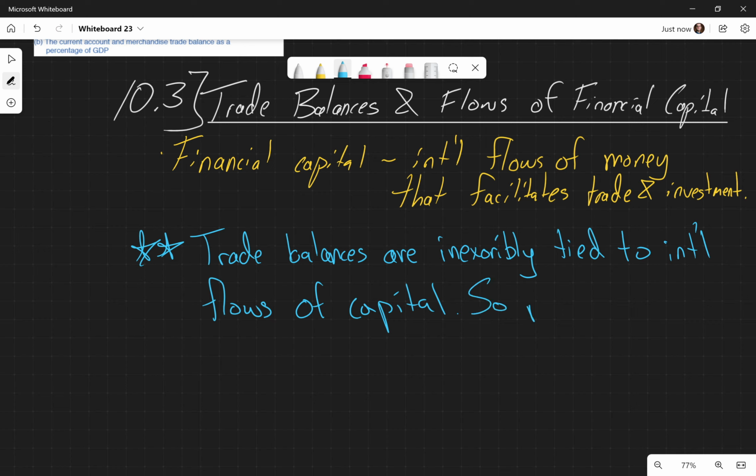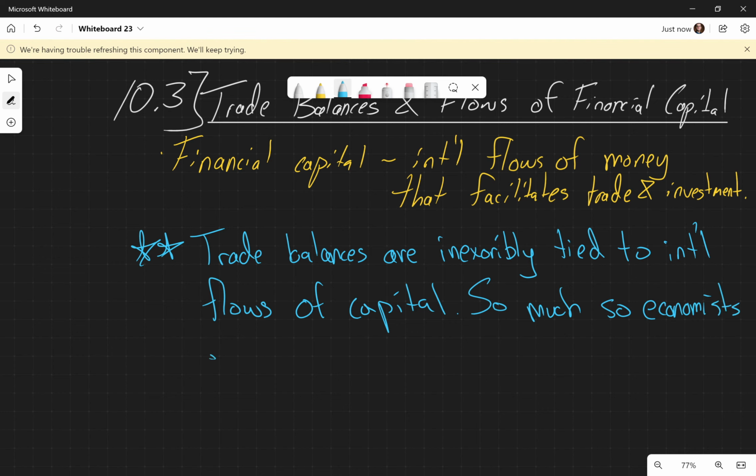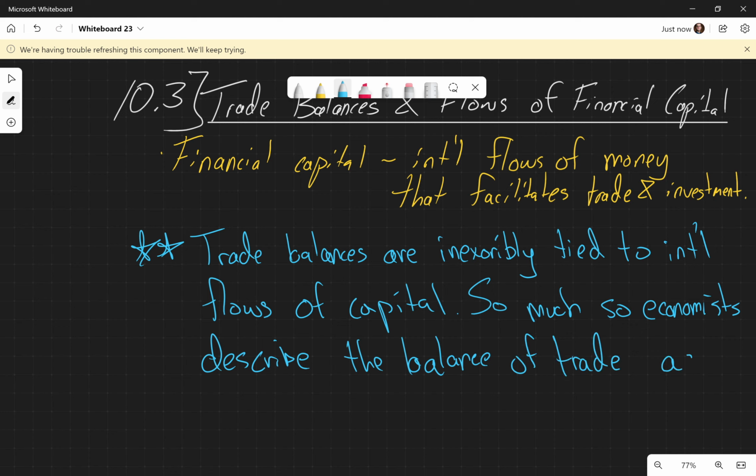So much so that economists will describe the balance of trade as the balance of payments.